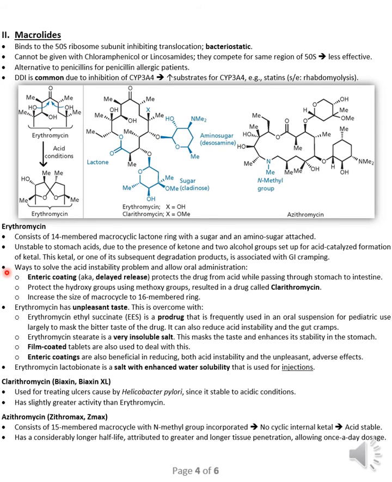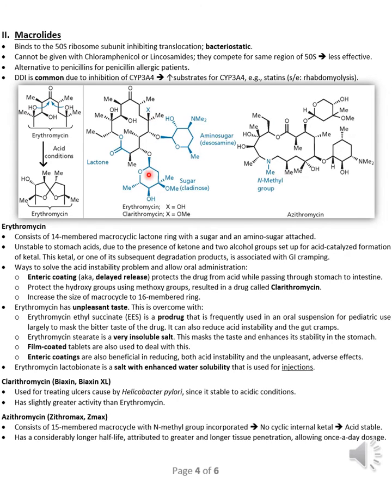The first example of macrolides is erythromycin, which is a 14-membered macrocyclic lactone with a sugar and an amino sugar attached. There are two sugar units here. Erythromycin is unstable to the stomach acid because of the presence of this lactone here next to these OH groups, this one here and this one here.